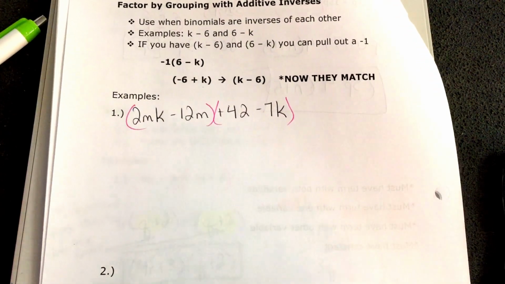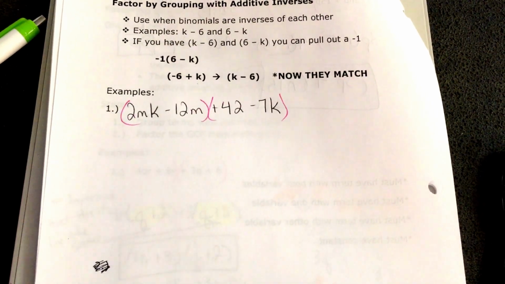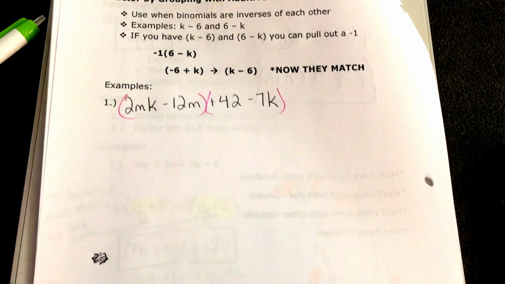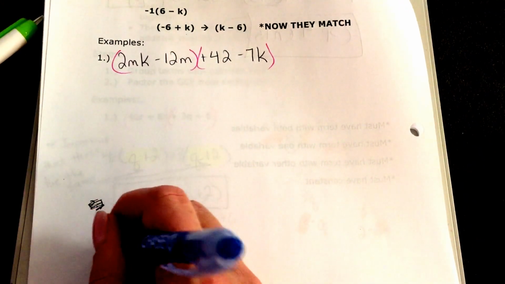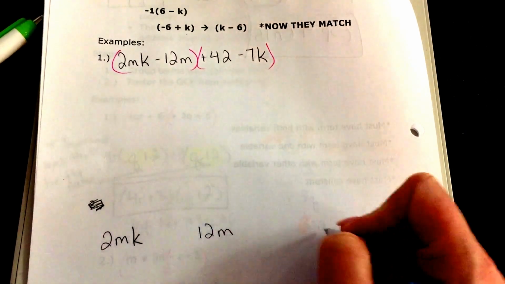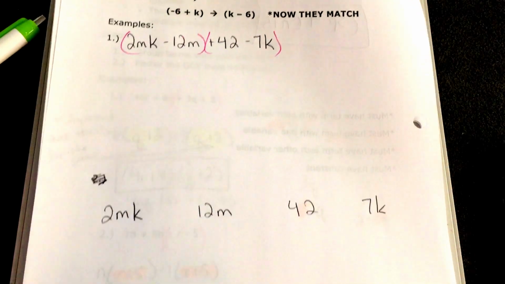If you have that second part, y'all, you can just take that part out right there, that number 2. All right. So let's factor. What can we pull out? Do y'all mind if I factor down here? 2mk, 12m, 42, and 7k. So I'm going to factor all these down here.